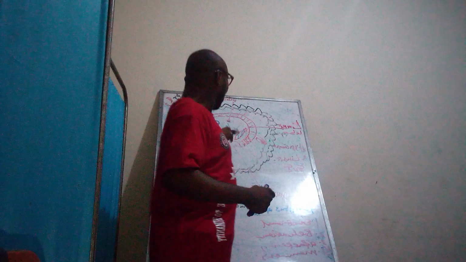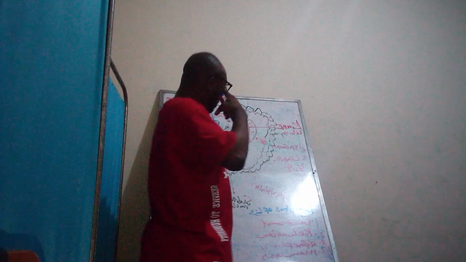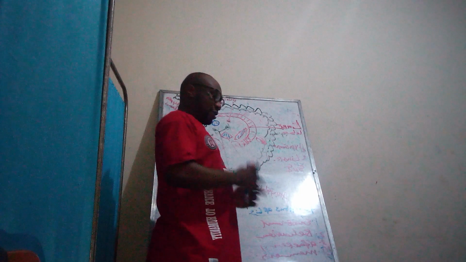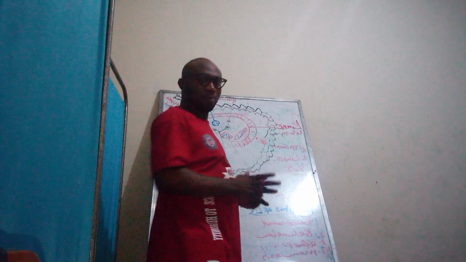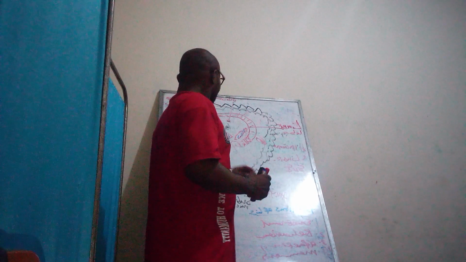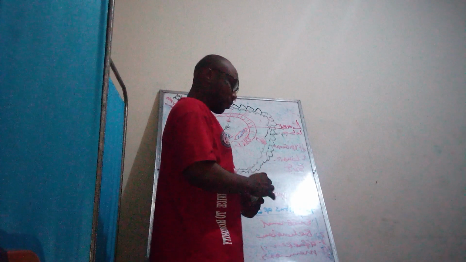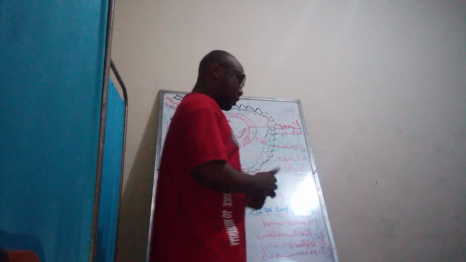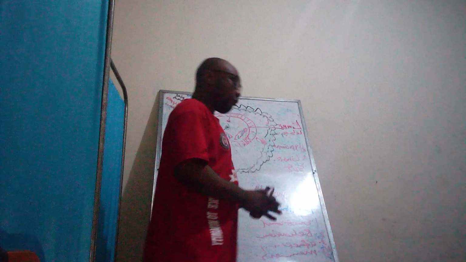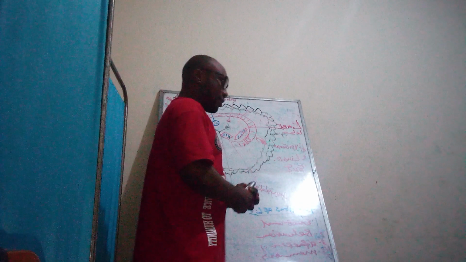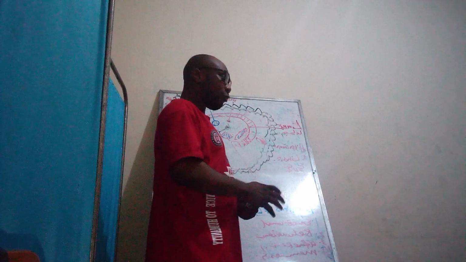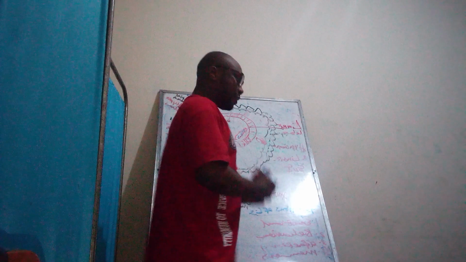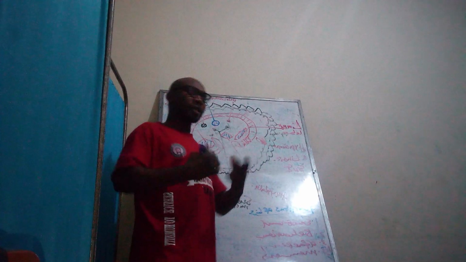Then after the hippocampus, we have another important structure which is called the amygdala. The amygdala is responsible for emotion. Some people say it is the center for feelings, the center for emotional response.